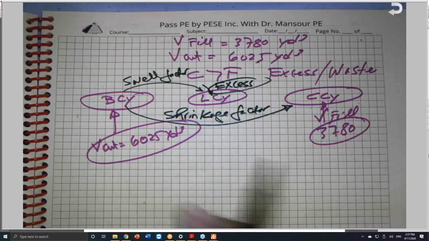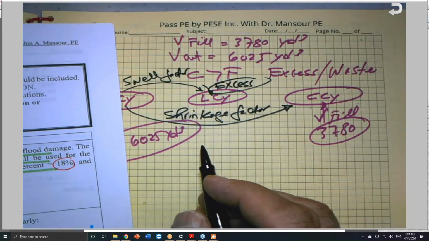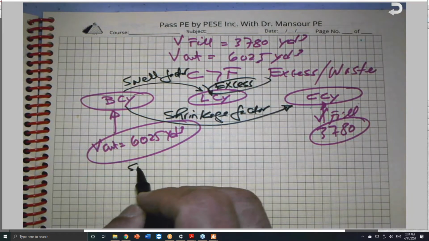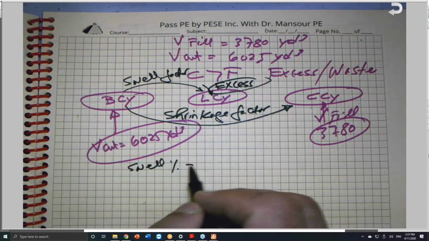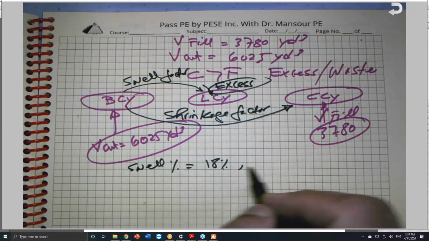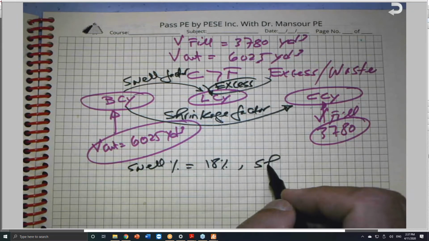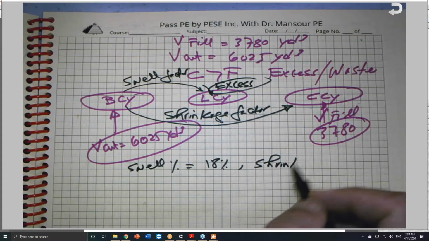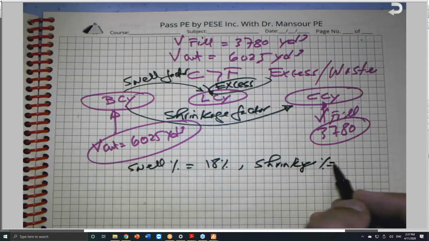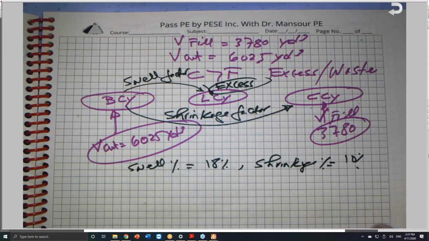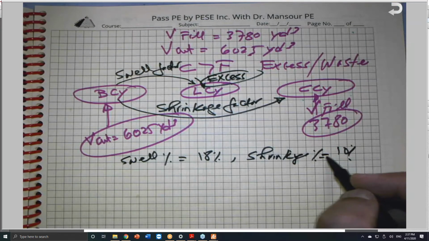He gave me two percentages. The swell percent, which is 18%, and the shrinkage percent, which is 10%. These percentages are given.